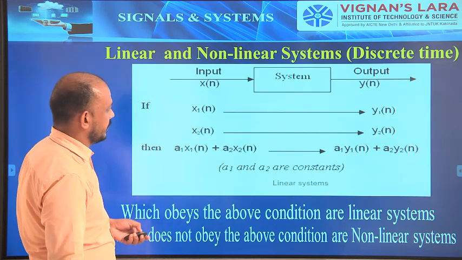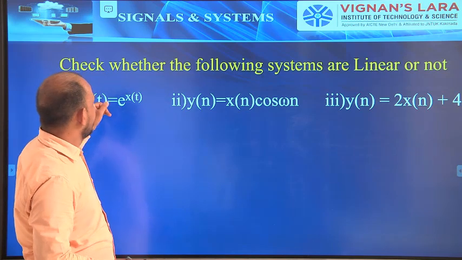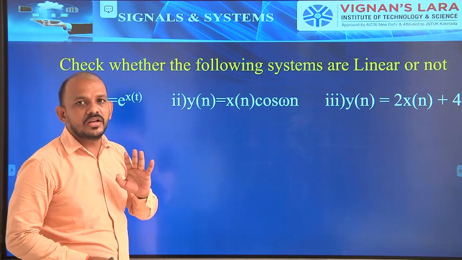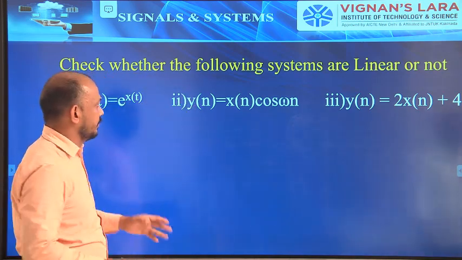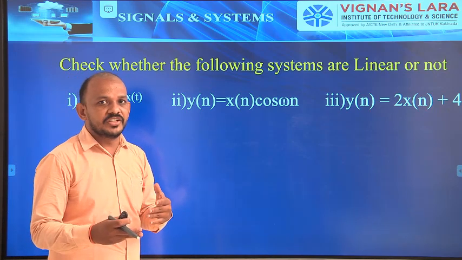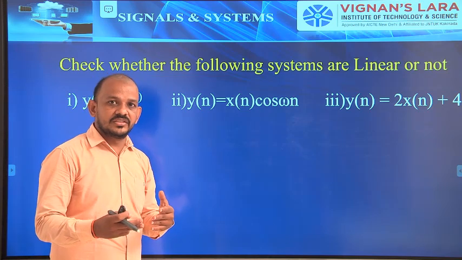The same procedure is applicable, so check whether the following systems are linear or not. This is for your work. You have to check whether the following systems are linear or not, because I explained the concepts of how to check whether the system is linear or not.